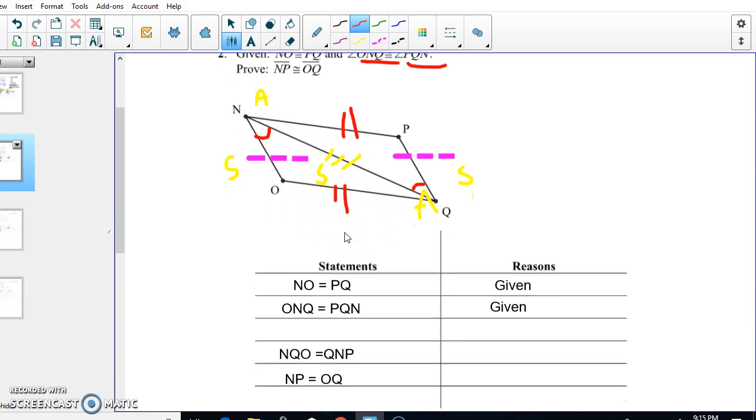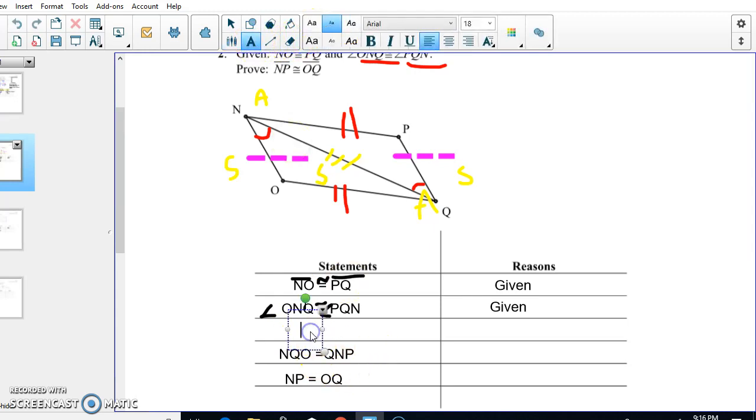So, bam, here's my given information. NO is congruent to PQ. Why? Given. Angle ONQ congruent to angle PQN. Why? Given. Okay, what happened here? Well, we said that NQ was congruent to NQ. Why?